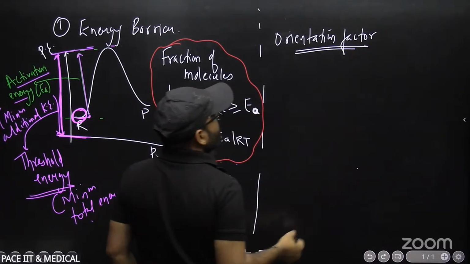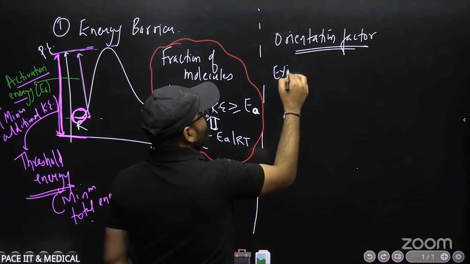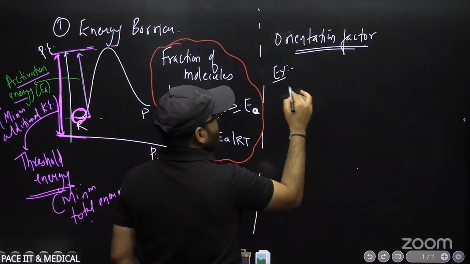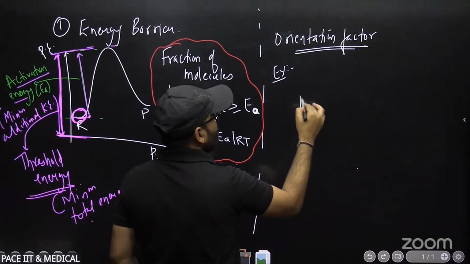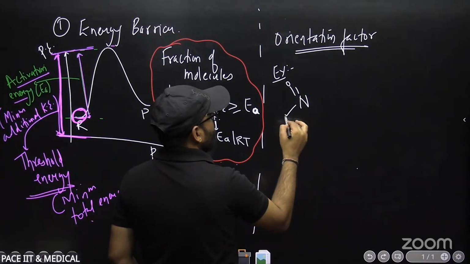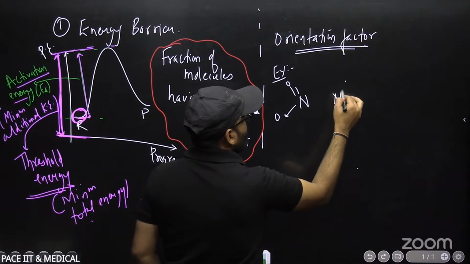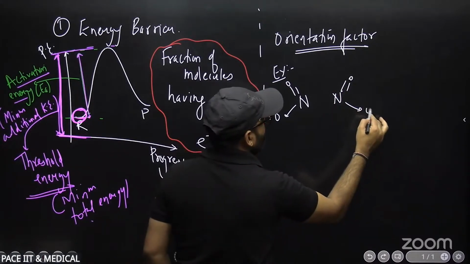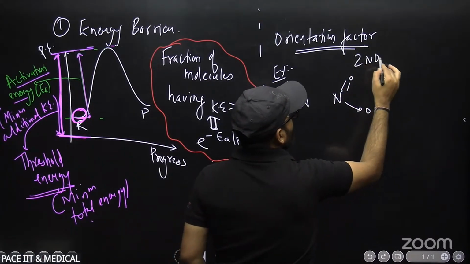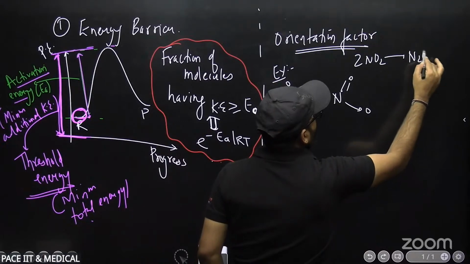Orientation factor. I'm giving you one example. Let's say two NO2 is converting into N2O4.